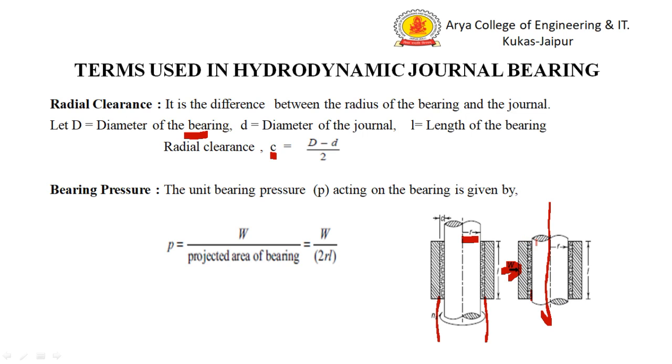Projected area of a cylindrical part is a rectangle. So area is the area of this rectangle, which is equal to 2r, this is 2r and this is the length of the bearing. So bearing pressure P is equal to W upon 2rL.